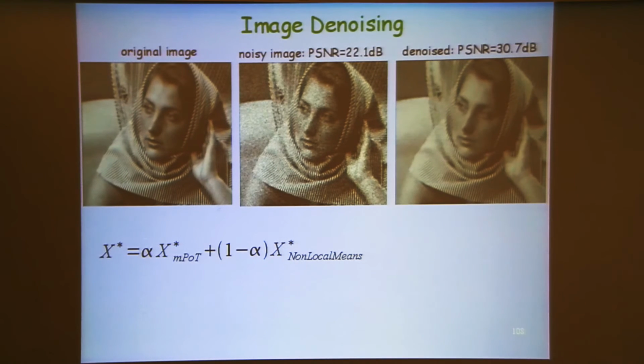That Euclidean distance gives you the weight that you use in representing the patch you're interested in, because it is going to be a weighted sum of all these other image patches in the image, with weights that depend on the distances between the patches.